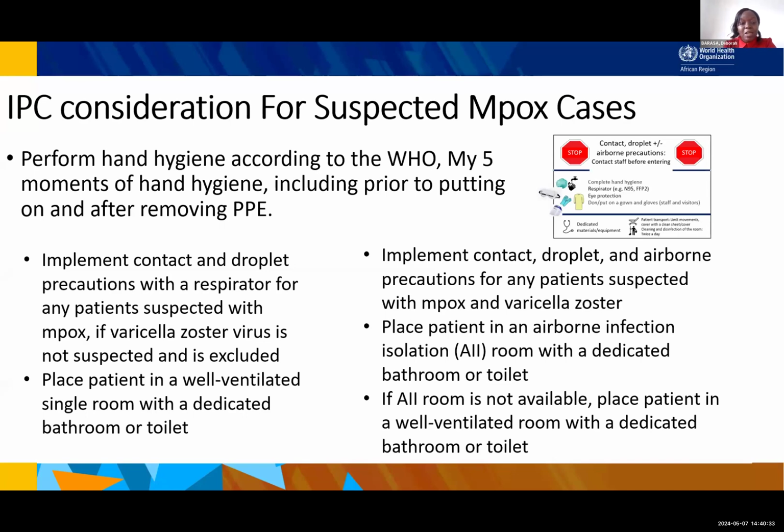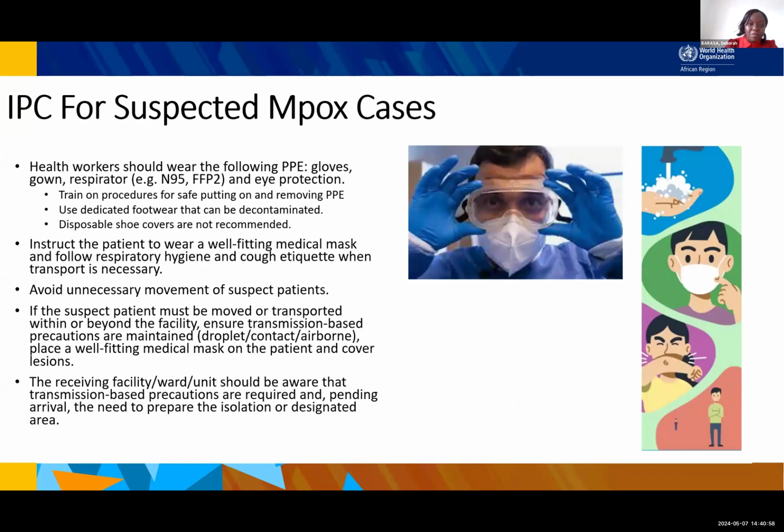If you are also suspecting varicella zoster, wear a respirator because of the airborne transmission. Place the patient in a well-ventilated, single dedicated room, or, which is critical for varicella zoster, an airborne infection isolation room. But if this is not available, then a well-ventilated single room with a dedicated bathroom and toilet should suffice.